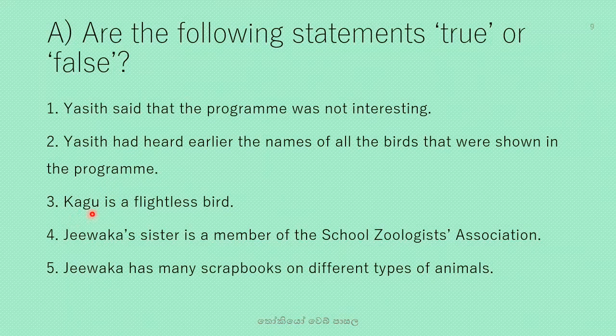Kagu is a flightless bird. Number 4. Jivaka's sister is a member of the school zoologists association. Sentence 5. Jivaka has many scrapbooks on different types of animals.